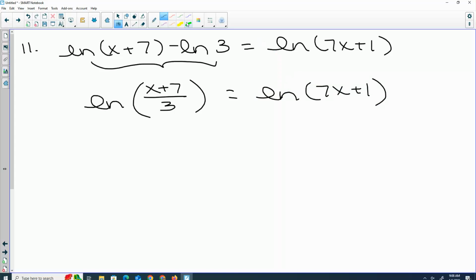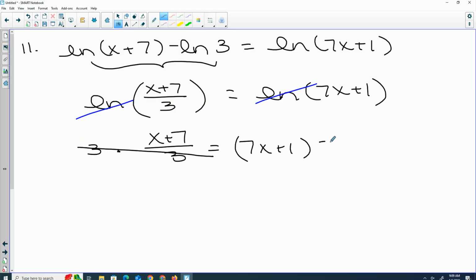But now what I see is I have a log on each side, which means we can really drop that. These arguments are equal. So if you want to get rid of your fraction, you can multiply by 3. x plus 7. That's 21x plus 3.